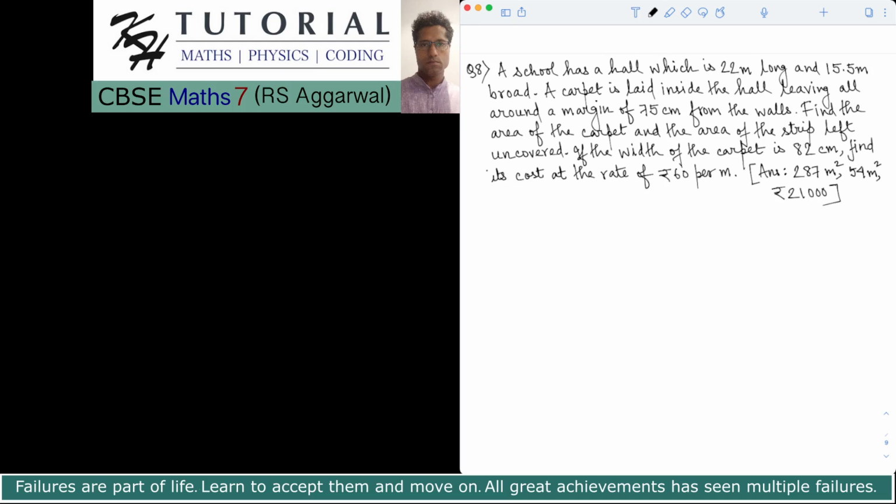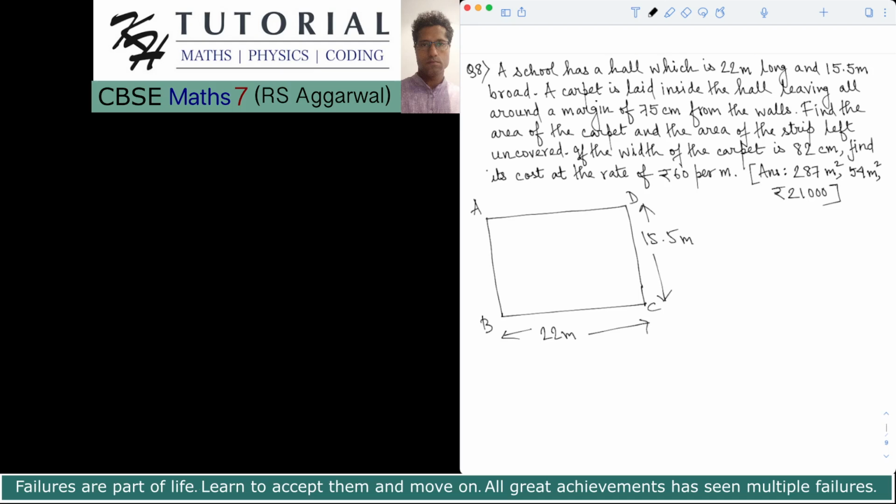Okay, so visually, let's say we have this school hall. Let the rectangle ABCD be the hall of the school. The length of the hall is given to be 22 meter, and the width is given to be 15.5 meter.